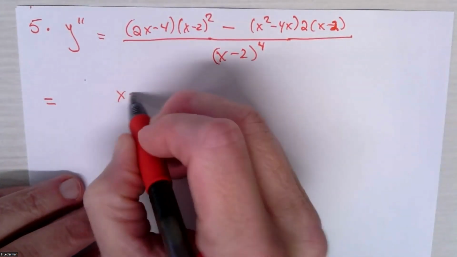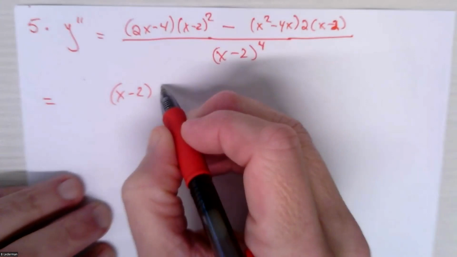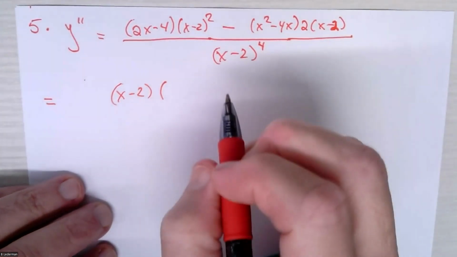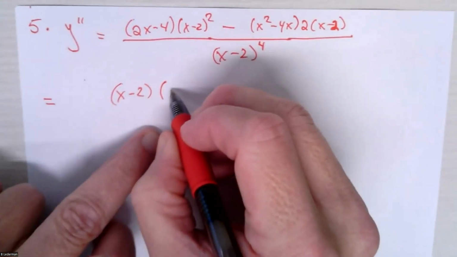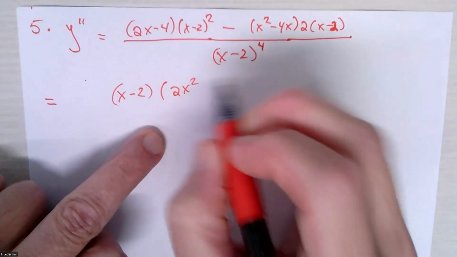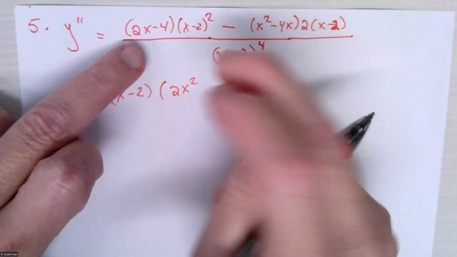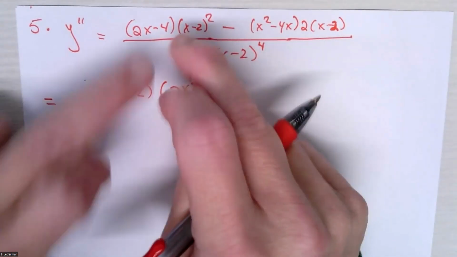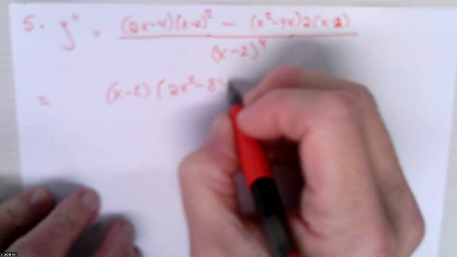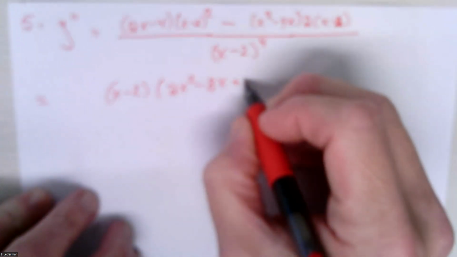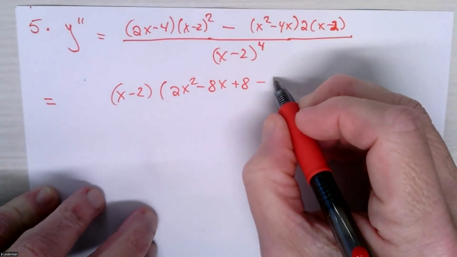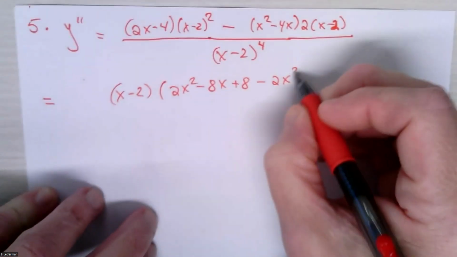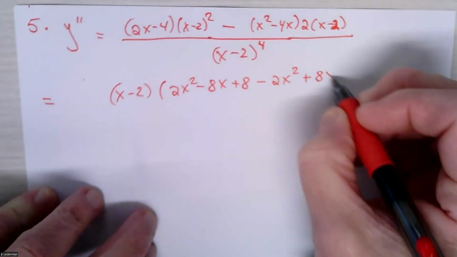So it's going to be x minus 2 times, let's see, 2x minus 4 times x minus 2, which is 2x squared minus 4x minus another 4x, that's minus 8x, and then plus 8. And then minus 2x squared plus 8x.